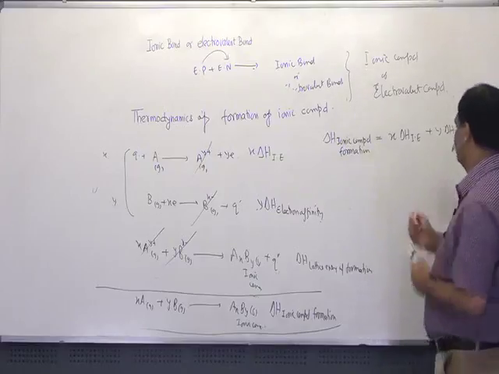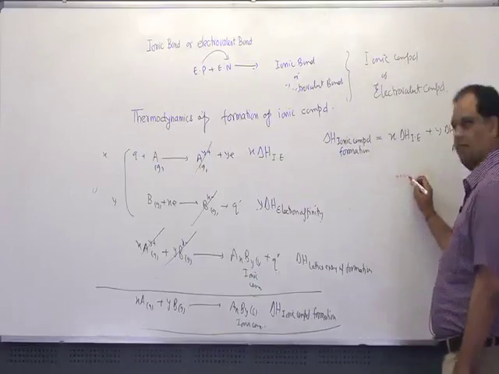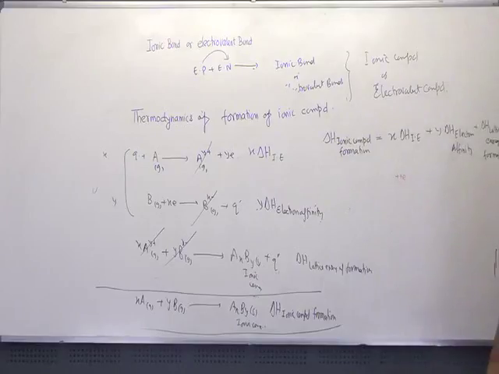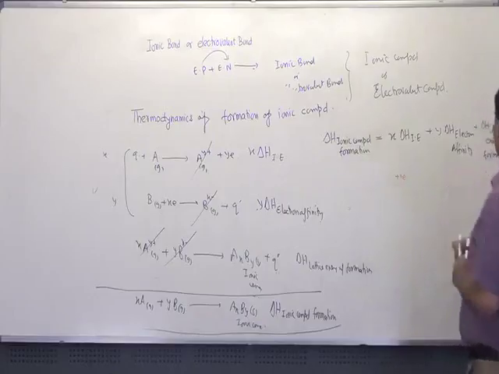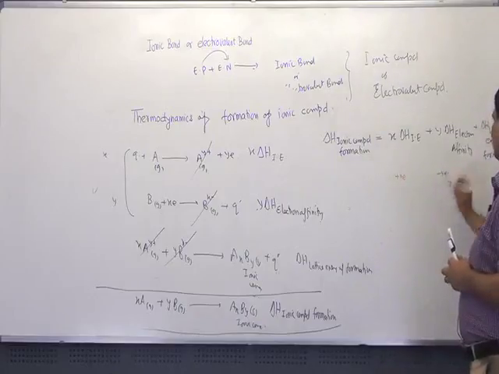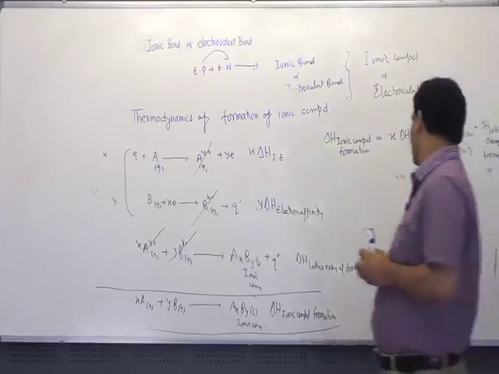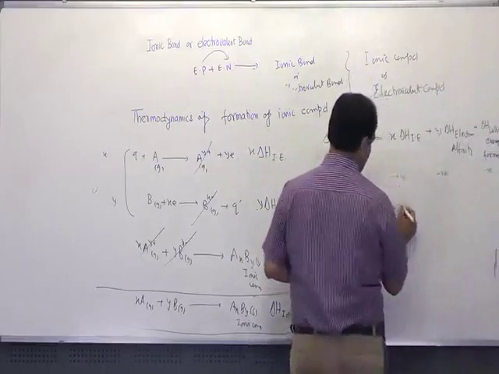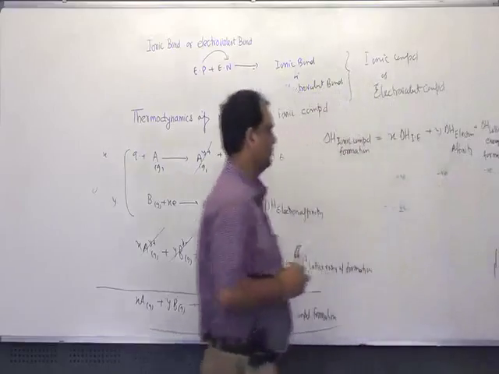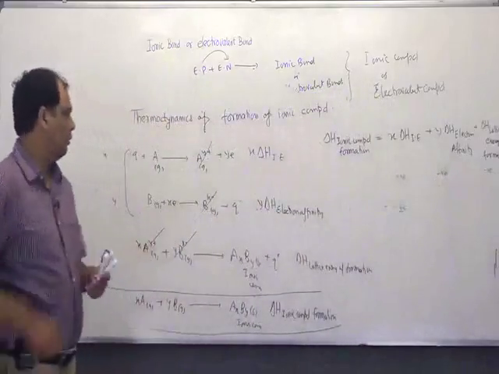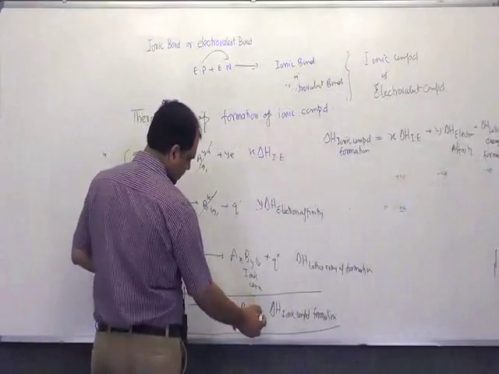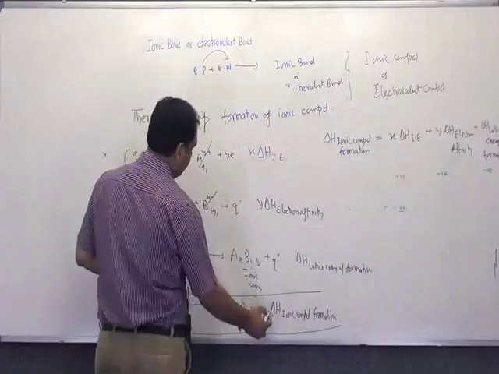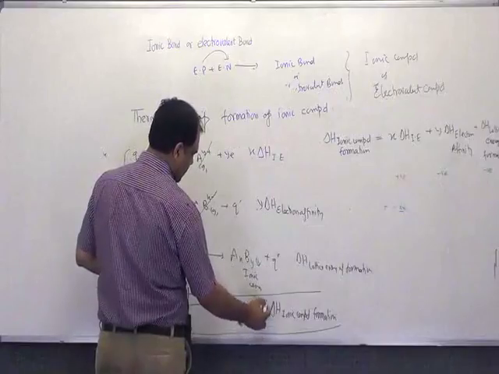Now we know that the first term will be positive, the second term will be positive, the third term will be negative, and the fourth term will be negative, and the overall sum will be negative, because we know that bond formation is an exothermic process. We can write plus Q triple dash.